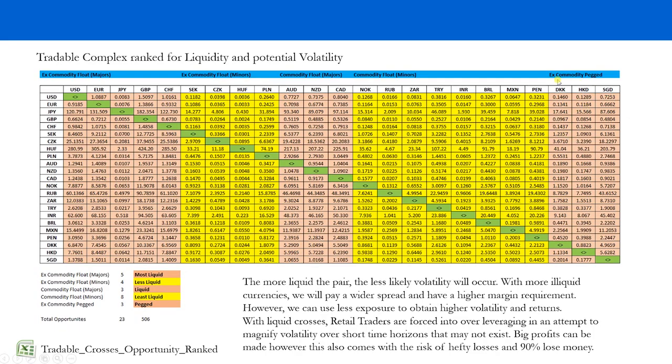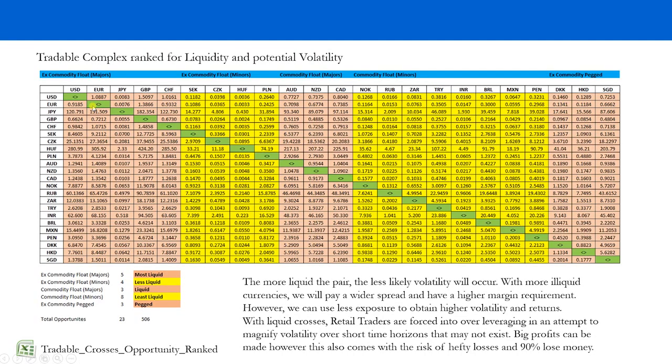We also have right on the corner here ex-commodity pegged situations. So these currencies are generally available on retail brokerage platforms, but really we're interested in where the volatility is. We've included them just in case pegs may change, but we're really interested in what's going on over here.